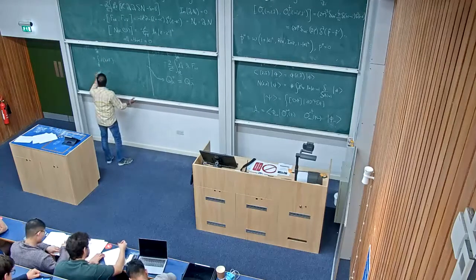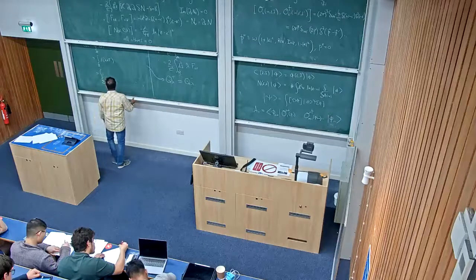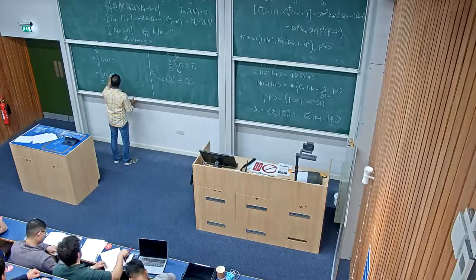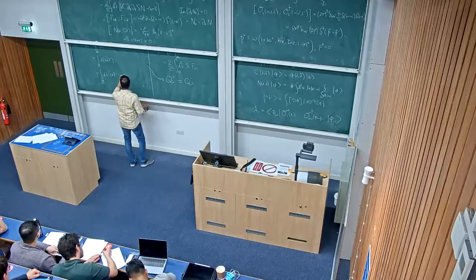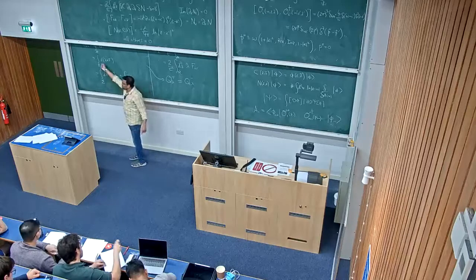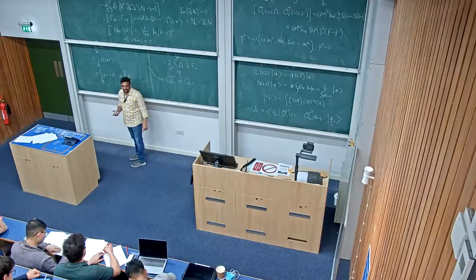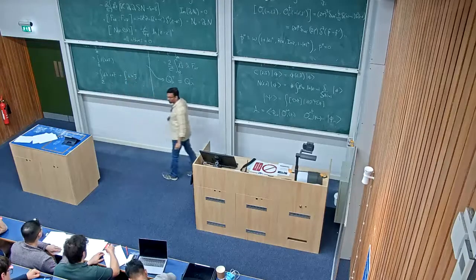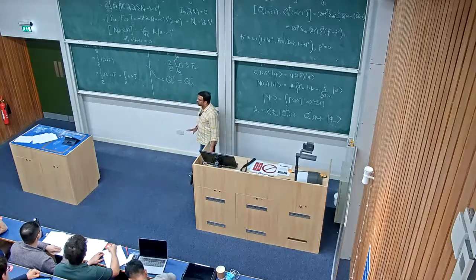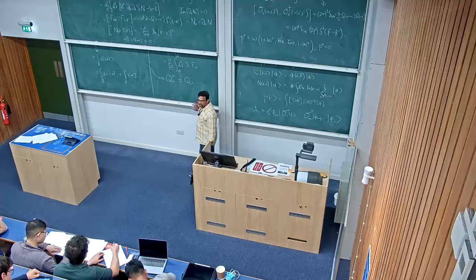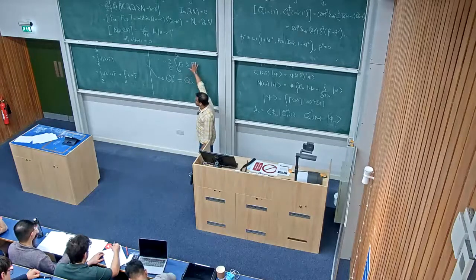Then this can be written as an integral over sigma of d lambda wedge star f, plus an integral over sigma of lambda times d star f. But d star f is Maxwell's equations, so this is star j, just the current. So this is just another representation of the same charge.